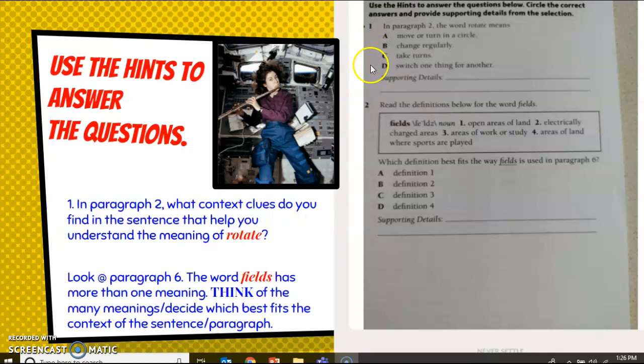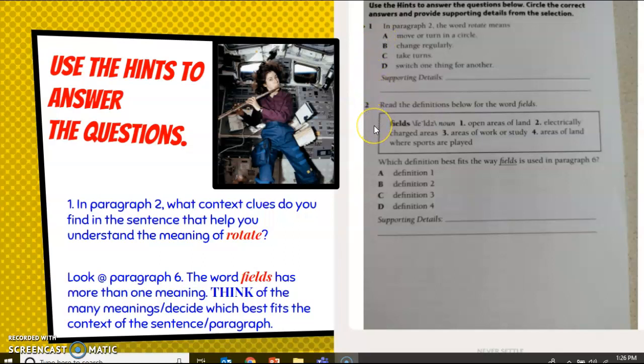Or D, switch one thing for another? When I think about that, knowing that push, pull, rotate, knowing what I know about rotate, when you rotate something, you're moving it or turning it in a circle. And because pushing and pulling deals with movement and directionality, I know that rotate also is going to deal with the same thing. Move or turn in a circle.